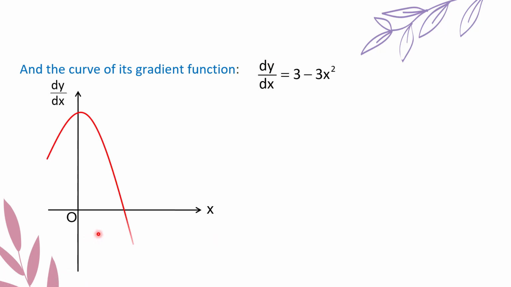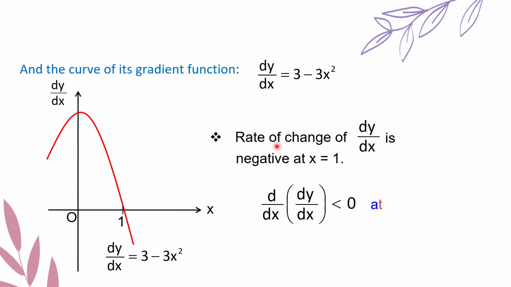Here, we can see that dy/dx decreases through x equals 1. Or we can say that the rate of change of dy/dx is negative at x equals 1, or the second derivative of y with respect to x is less than 0 at x equals 1.